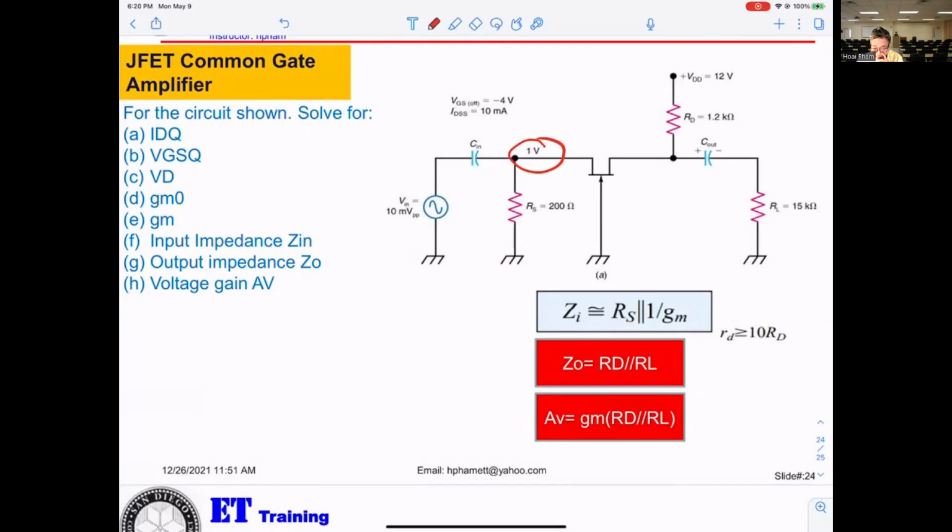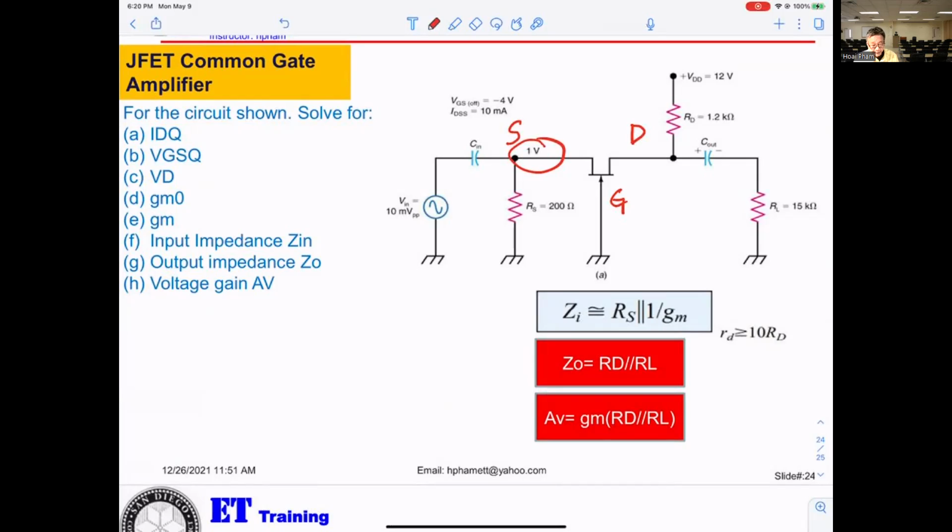Okay, so basically this is a common gate. So that will be G right here. Okay, S right here. And that will be the drain. Okay. So also we already gave it to you. If you want to calculate the input impedance, RS parallel 1 over GM.